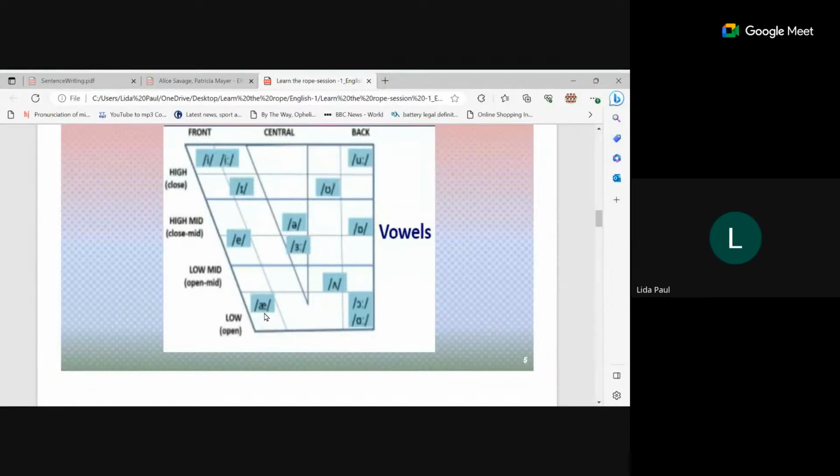The word begins with the low front vowel. So A, P, and L are the sounds that you hear in the word apple. You don't have any central vowels here. And then you straight have the low back vowels. You have 2 long vowels in this.